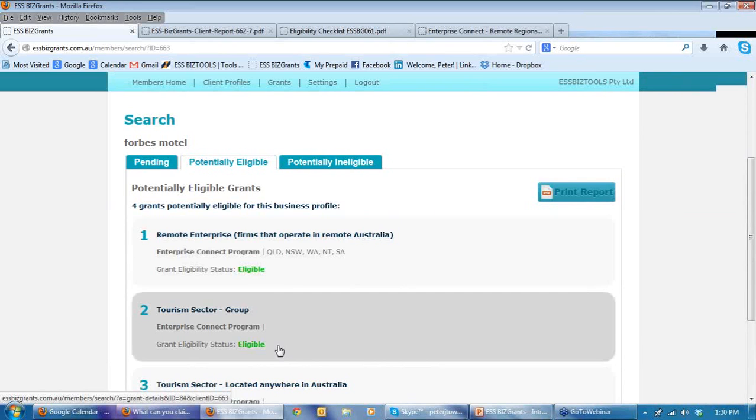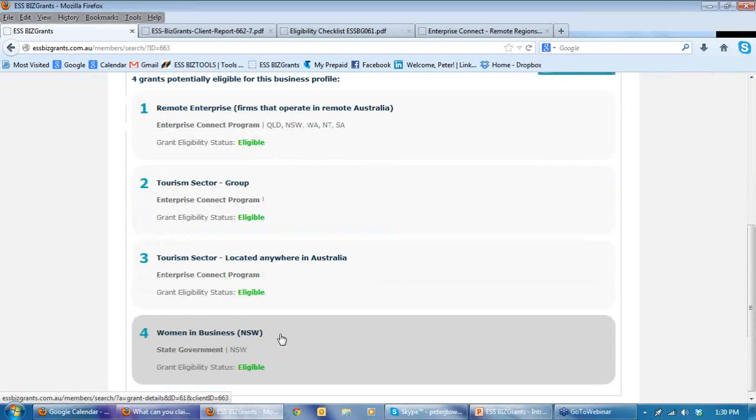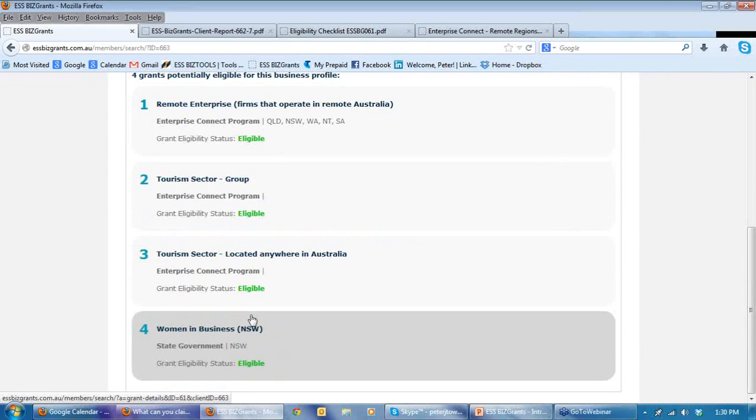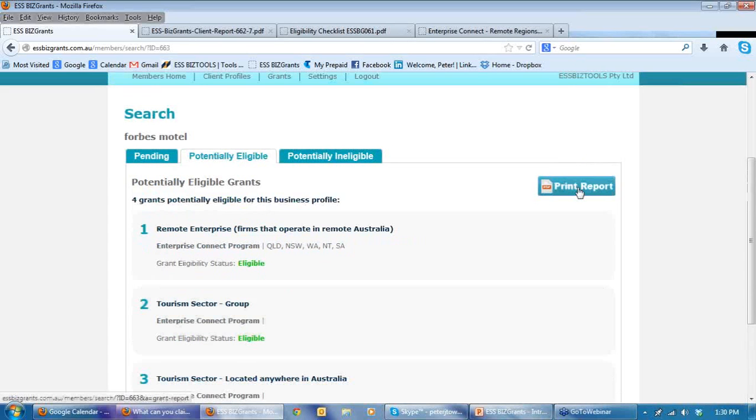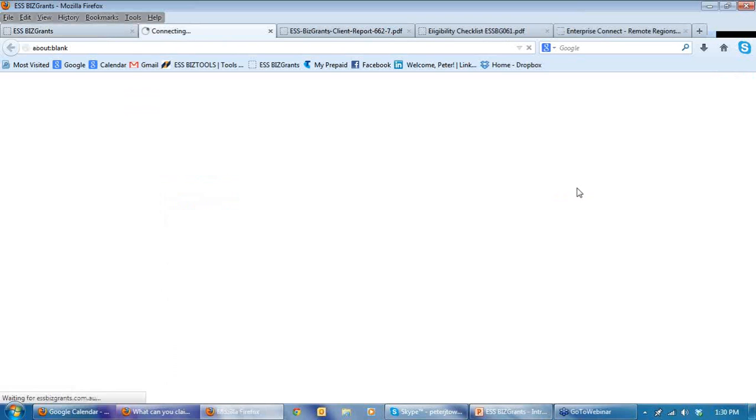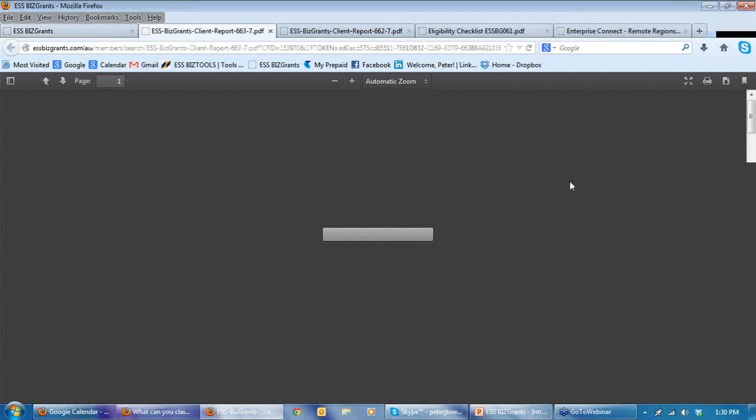So there's some grants there that they could have been potentially eligible for. And if we produce the report then, you would get a complete summary of those various grants.